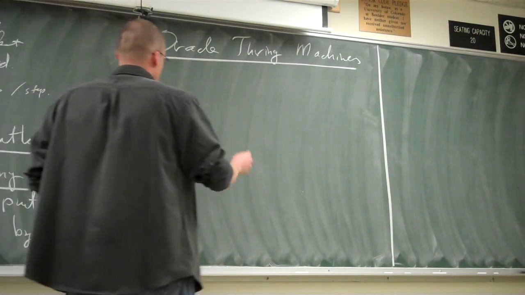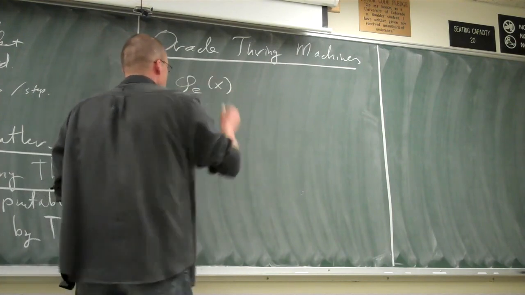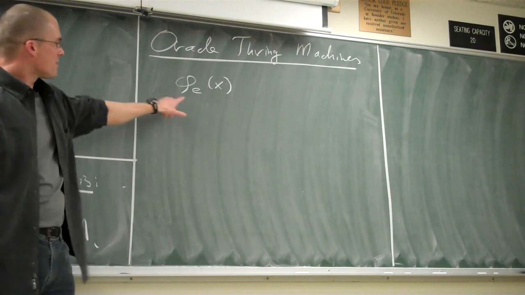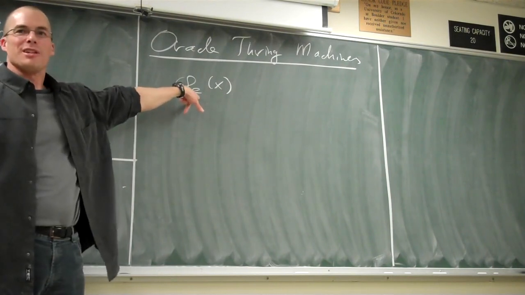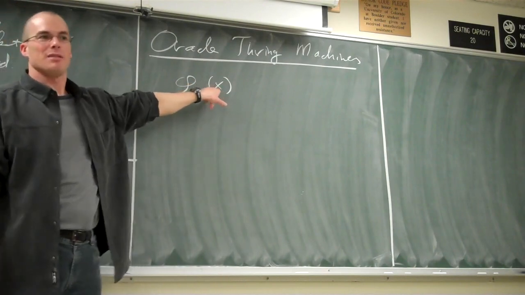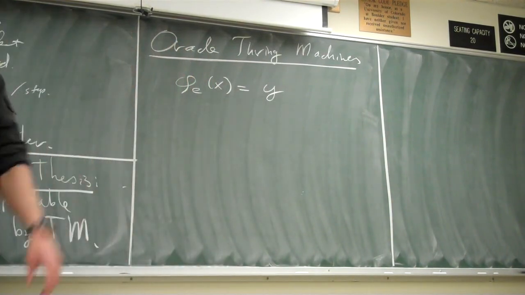So, what are Oracle Turing machines? Let me first introduce a notation. Every Turing machine program can be represented by a natural number. So this gives me an enumeration of all Turing machines. This notation is: take the Turing machine whose program is e, give it input x, and see what it computes to, and its output is y.